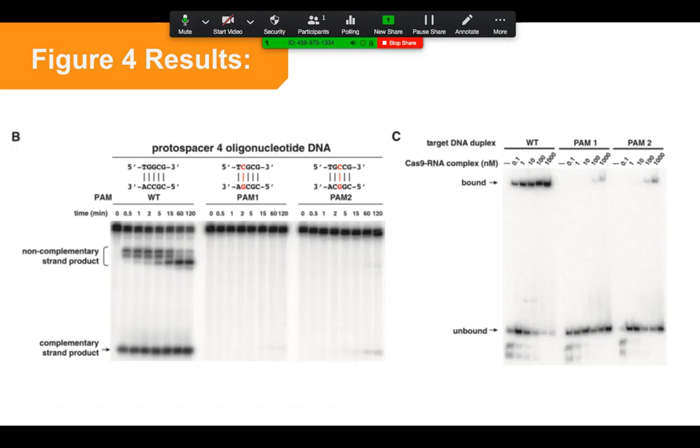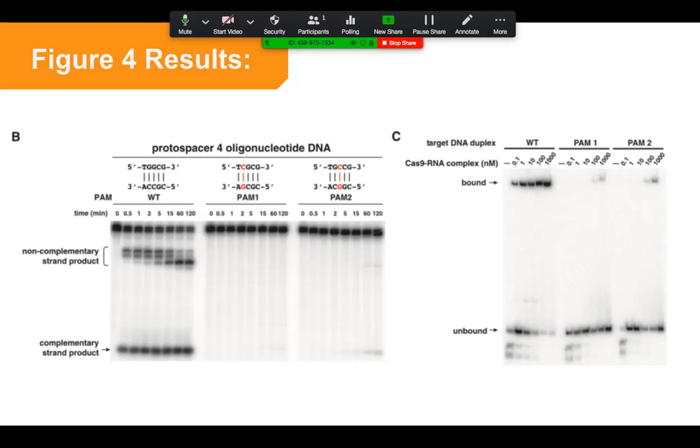In this particular figure, we were looking at the use of the crRNA sp4 and protospacer 4 DNA, which was not used in our previous figure 4A. And like I said, this was selected due to the presence of the canonical PAM, which was not present in protospacer 2 target DNA.